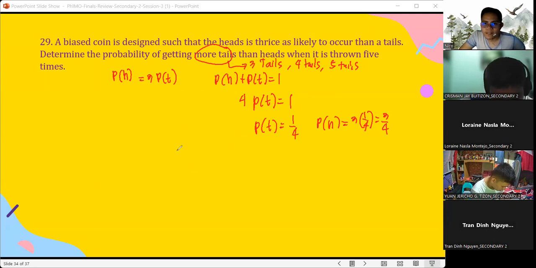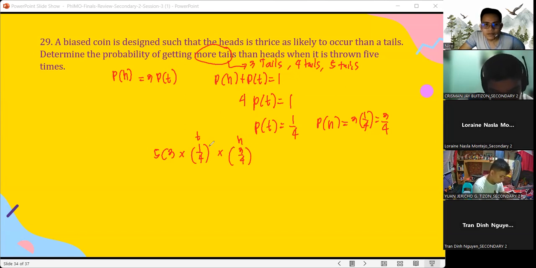So that would be 5 choose 3 times 1/4, this is getting tails, times getting heads, which is 3/4.